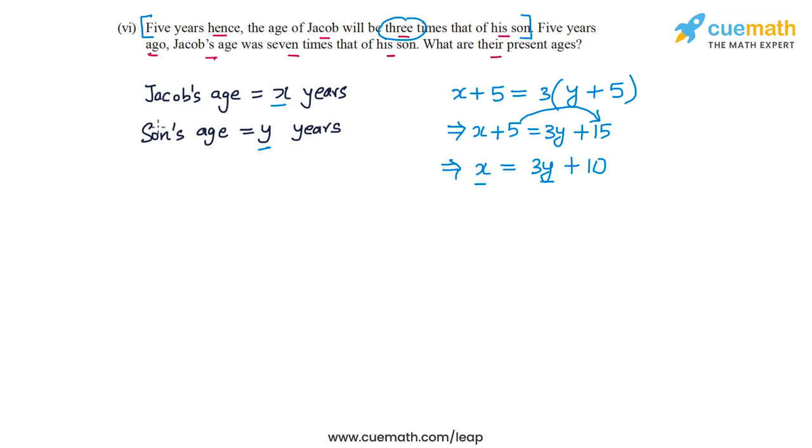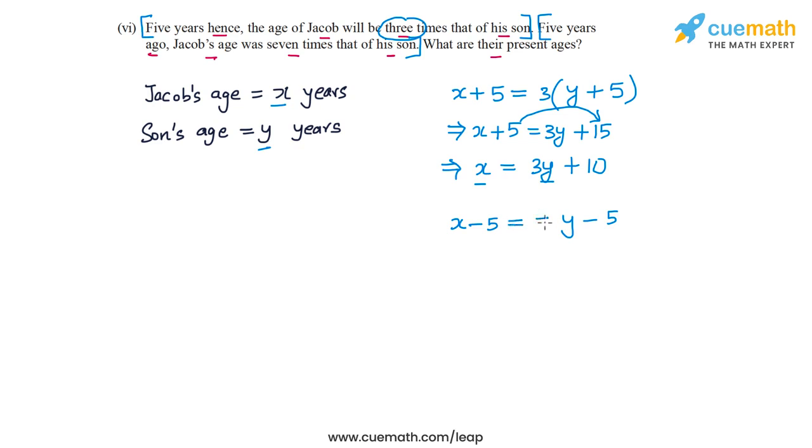Now the second piece of information is that 5 years ago Jacob's age was 7 times that of his son. So 5 years ago Jacob's age would have been x minus 5 and his son's age would have been y minus 5, and Jacob's age was 7 times his son's age.